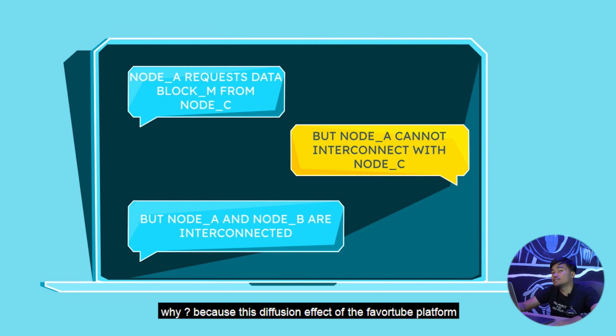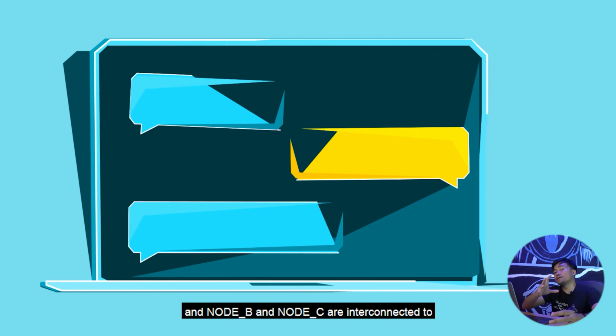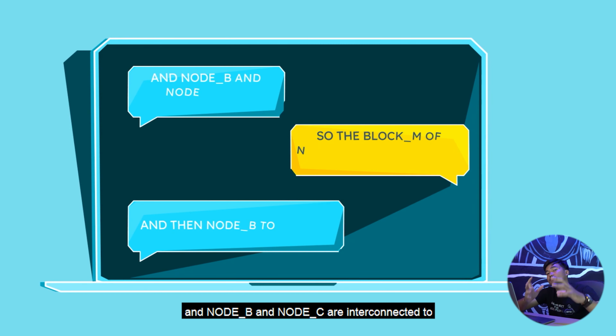Why? Because this is the diffusion effect of the FavorTube platform. But node A and node B are interconnected, and node B and node C are interconnected too.